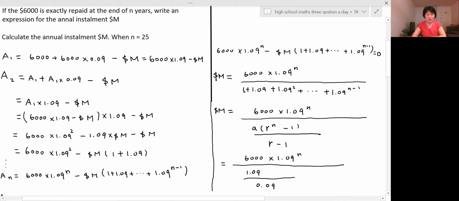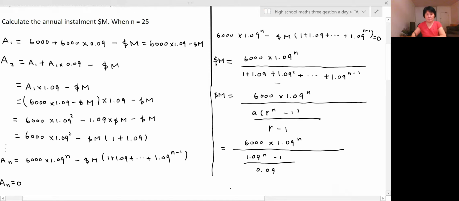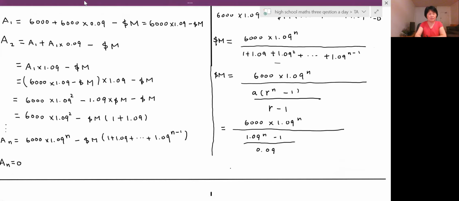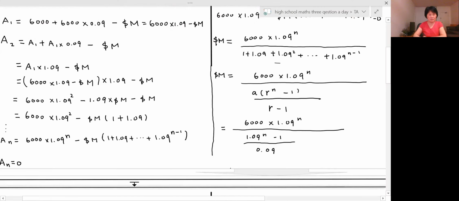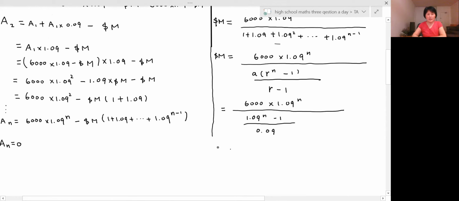How many terms here? This 1 means 1.09 to the power 0 up to here. So altogether there are n terms here. So I just put 1.09 to the power n minus 1 here. Okay, so now it will be equal to, over 0.09, I can jump to the top.